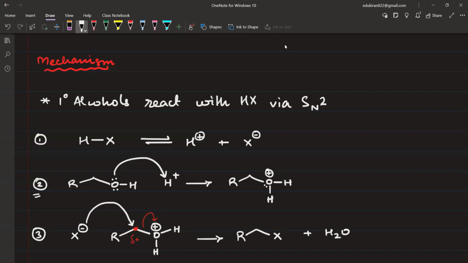All of you understood the reaction? Yes or no? Tell me the mechanism. Tell me, guys, all of you understood the 3 steps of the mechanism? Did you understand the 3 steps? Yes or no? Please tell me. Yes, sir. Yes. Let me know. Okay. Is there anyone who is still writing this? Yes, sir. Anyone? One second.